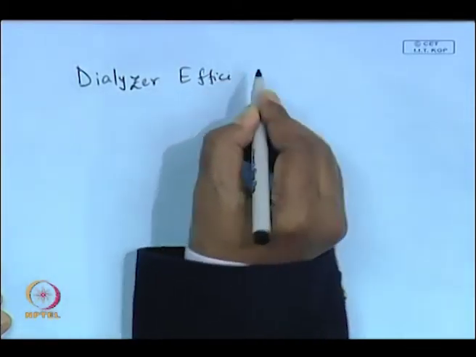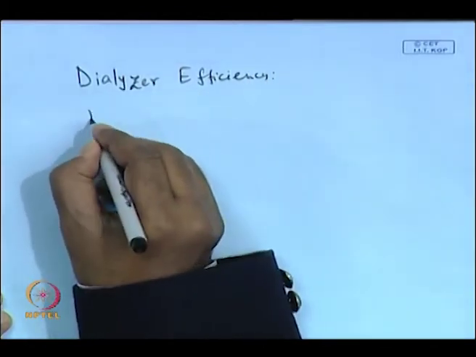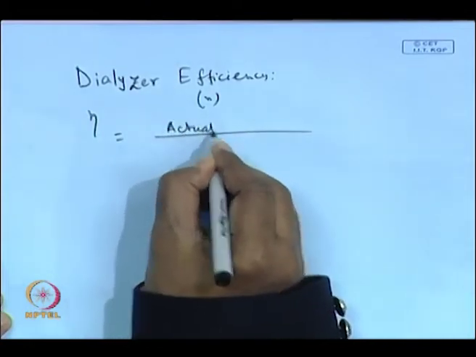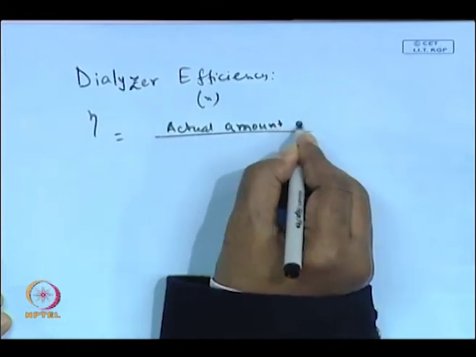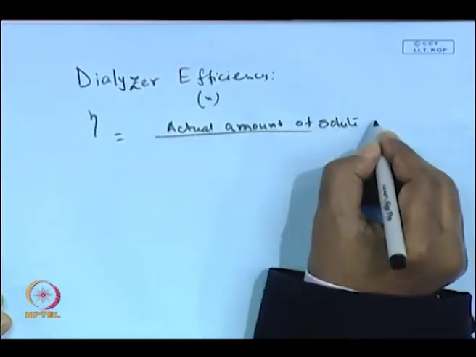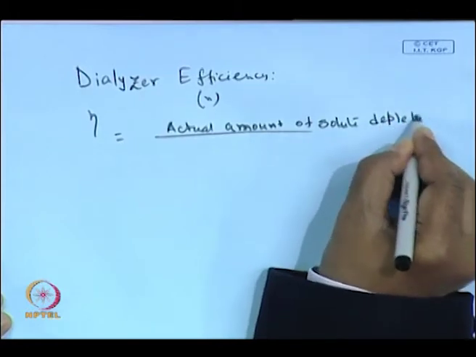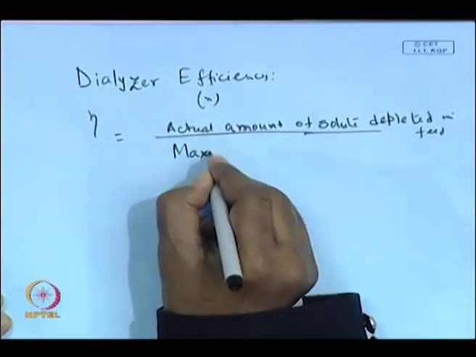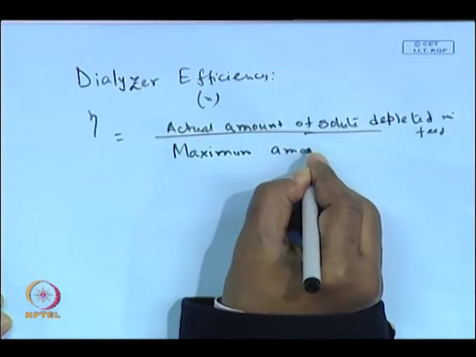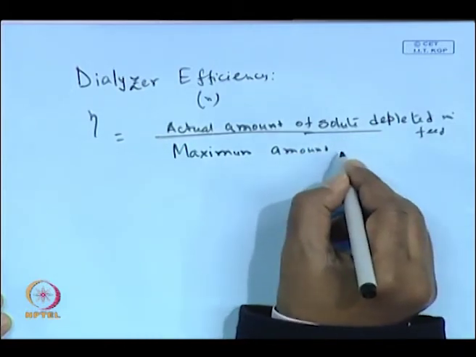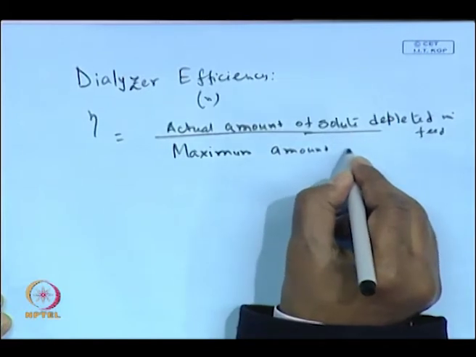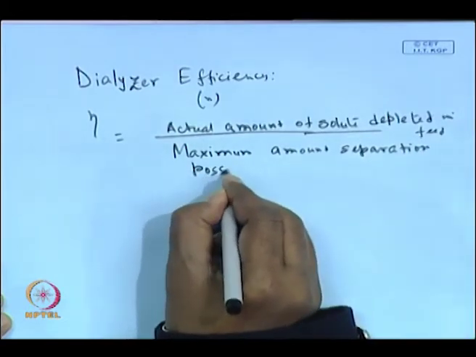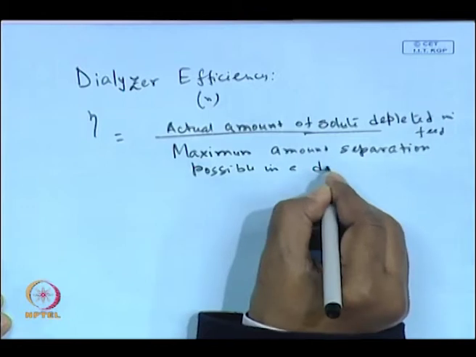Dialyzer efficiency is defined as eta, and is defined as the actual amount of solute depleted in the feed divided by the maximum amount of separation possible in a given dialyzer.